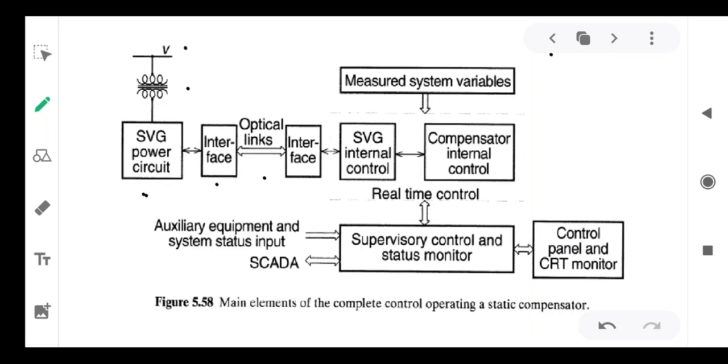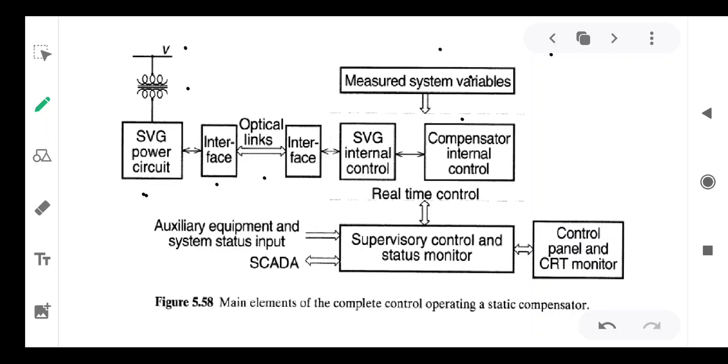So from the measurement and the processing circuits, you will get the system parameters V and I from here. So V and I are obtained and are used to compare with the reference signals.